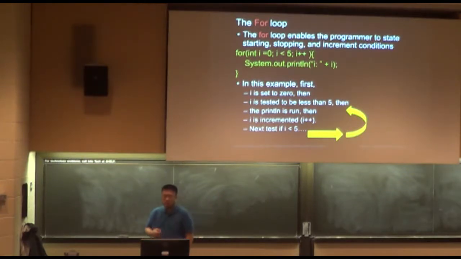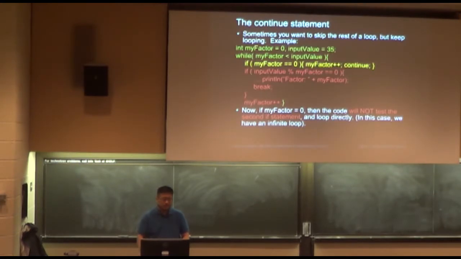So one characteristic of the for loop is that it defines its own iterator variable, and because it defines its own iterator variable, it's kind of a self-contained thing. Like when you make your while loop, you have to have an iteration variable defined for them, right? You need to say int my factor, an input value, and then you can write your while.